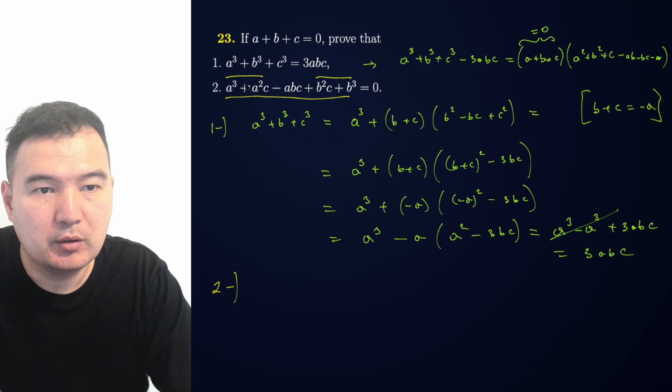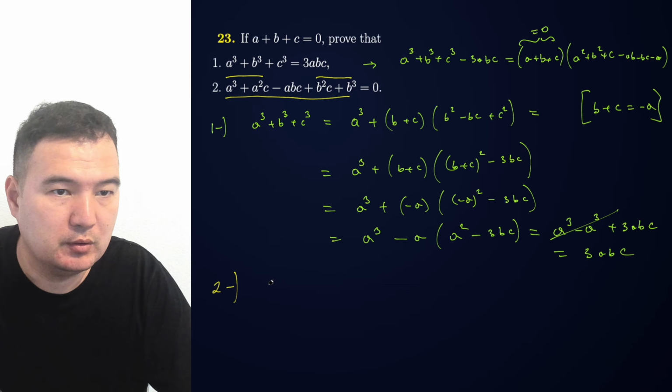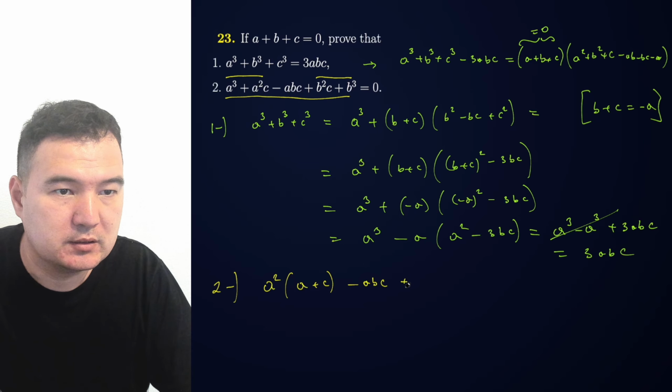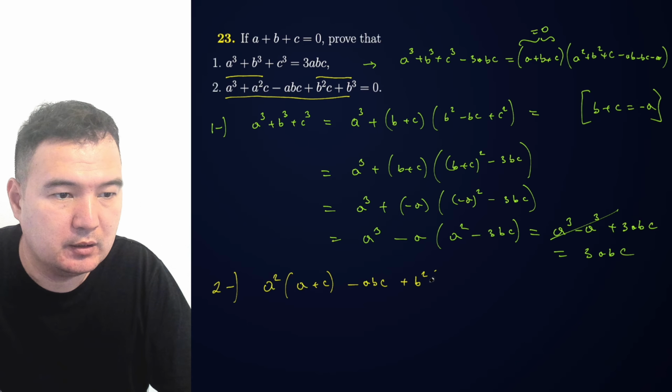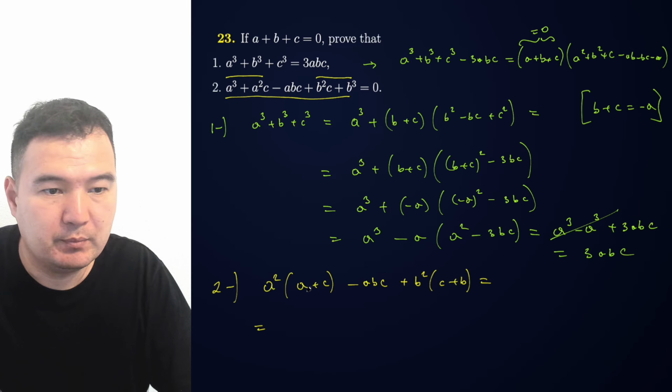Also, you can take out a squared, you're left with a plus c. So let's do all of this. So a squared left with a plus c minus abc, and then the last one is b squared is c plus b. Let me replace this one with minus b.